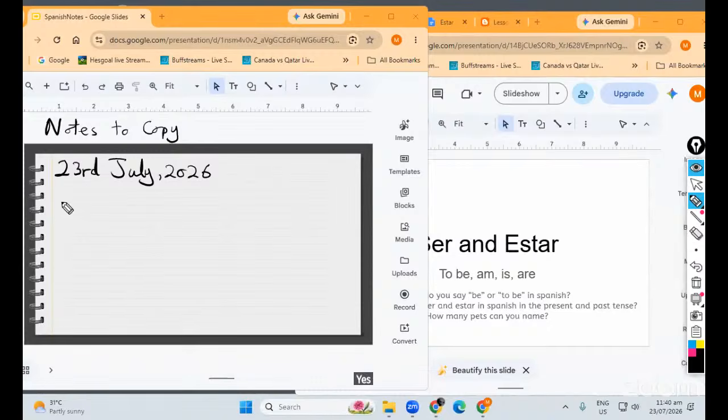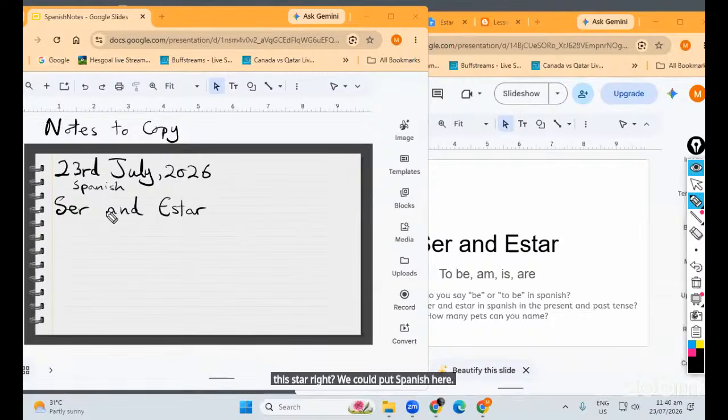Right, and our topic is ser and estar, right? We could put Spanish here as our subject, right? And both of these verbs, what do they mean? They mean to be, right?